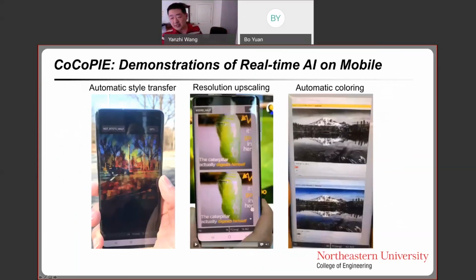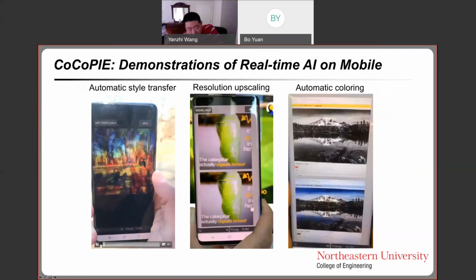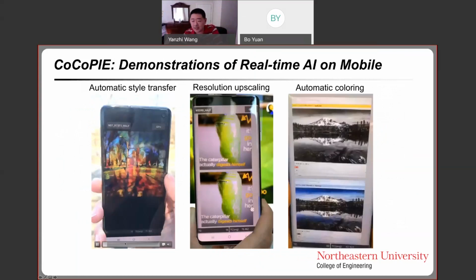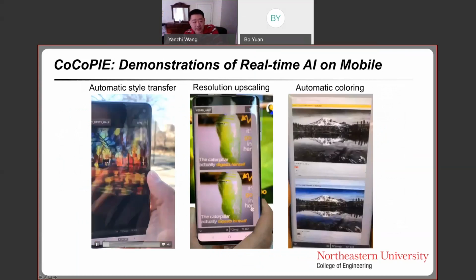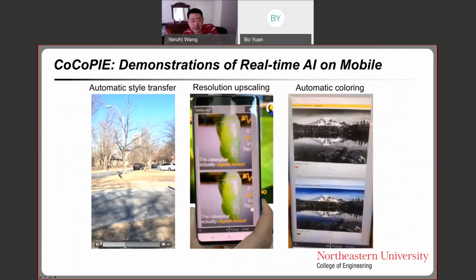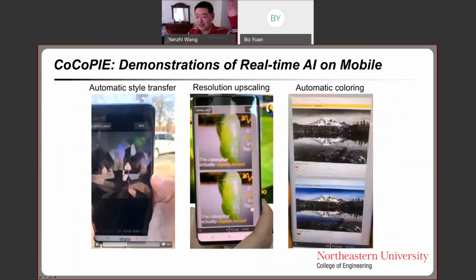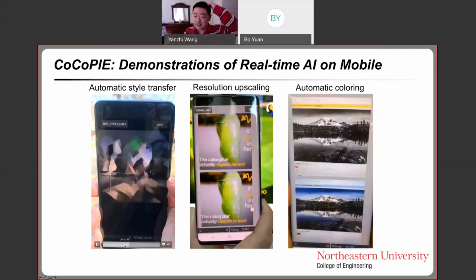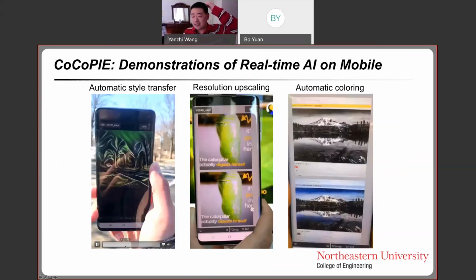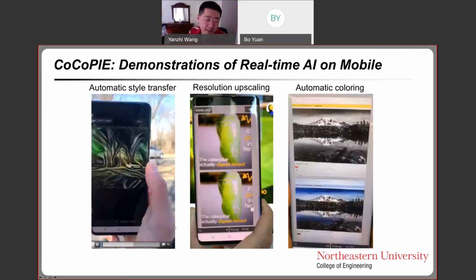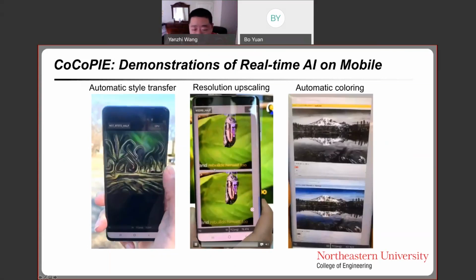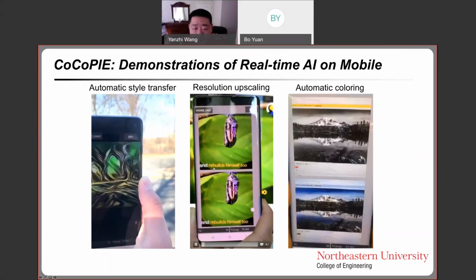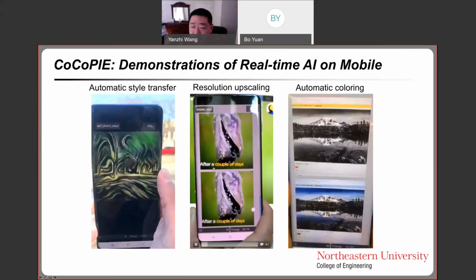Let's see some actual demonstrations of real-time AI on a mobile phone, starting with some simple ones. This is automatic style transfer, where the input was captured last year, before COVID. So this is our capability one year ago. Then resolution upscaling. Many large companies are very interested.